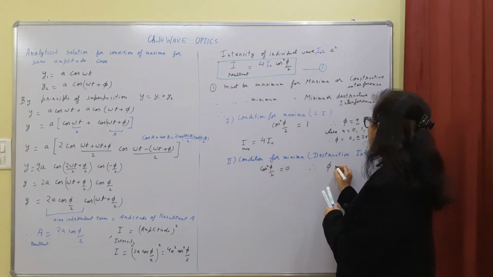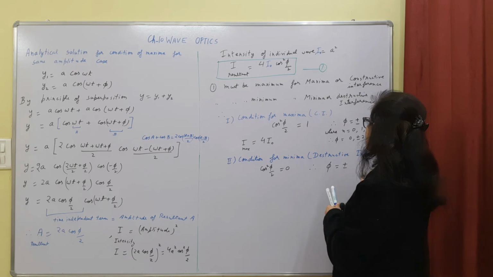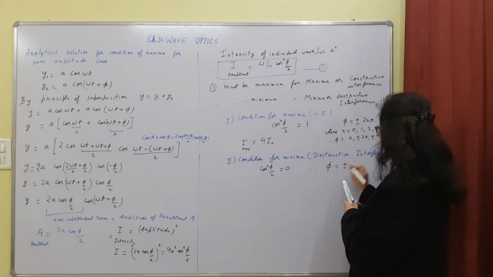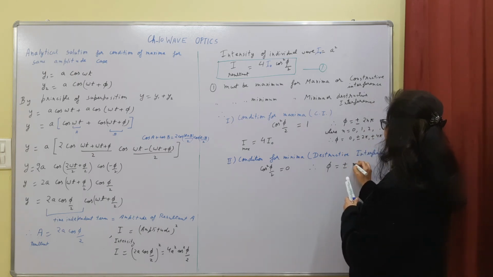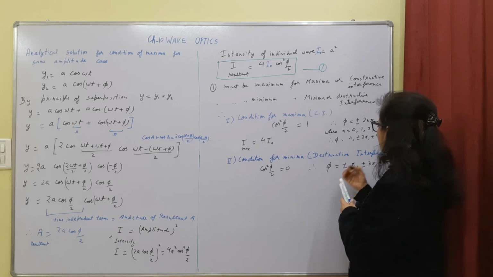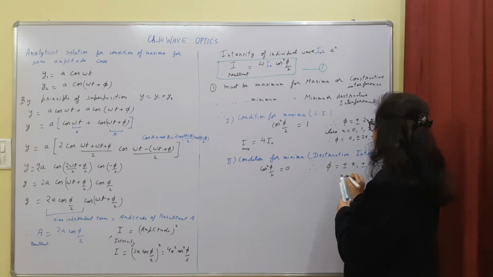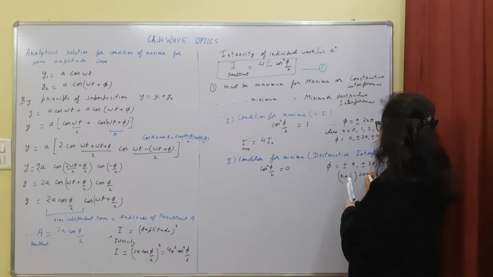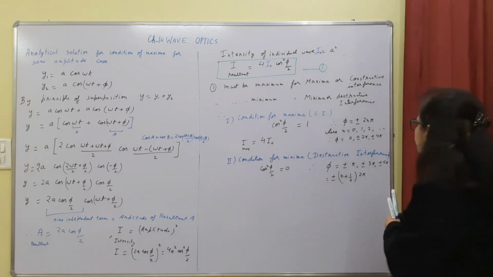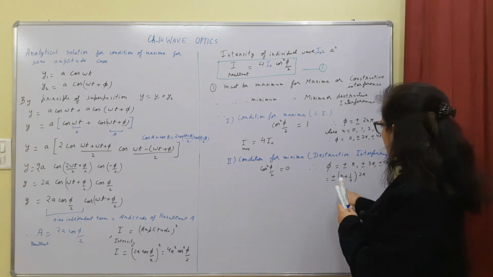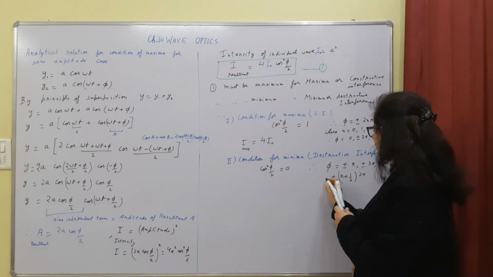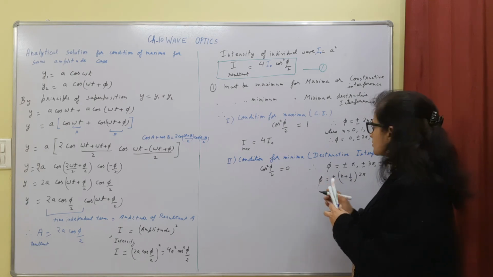Therefore, phi must be equal to plus minus pi, plus minus 3 pi, plus minus 5 pi and so on. What does that mean? (2n plus 1) pi, that is (n plus 1 by 2) into 2 pi, this is in plus minus. Right? So this is the condition in terms of the phase difference.